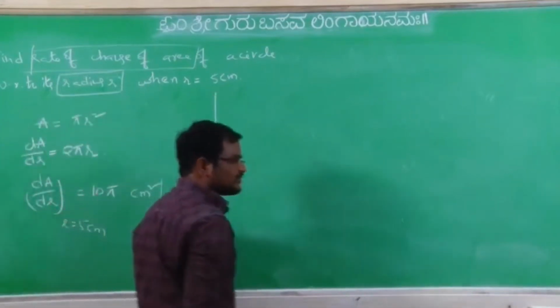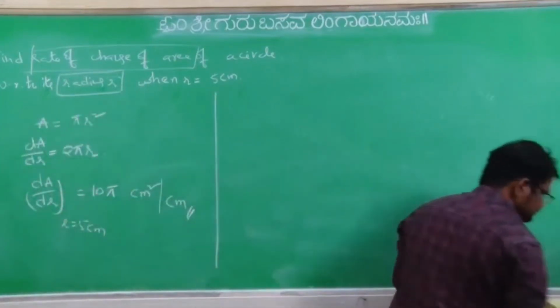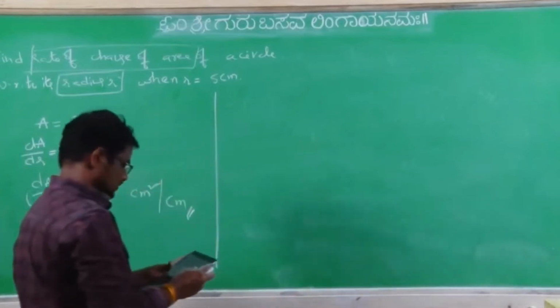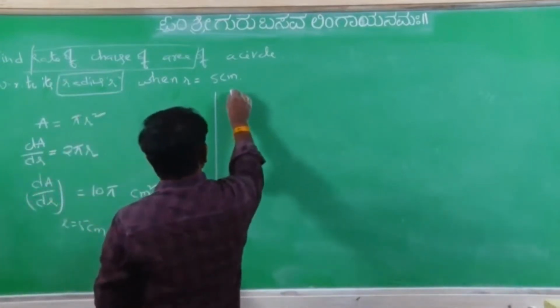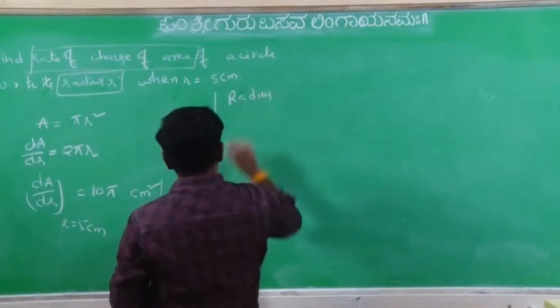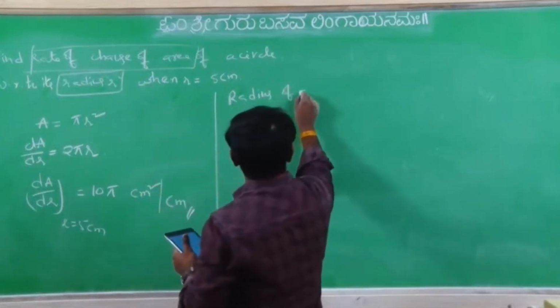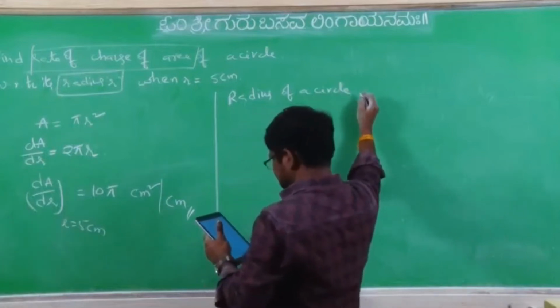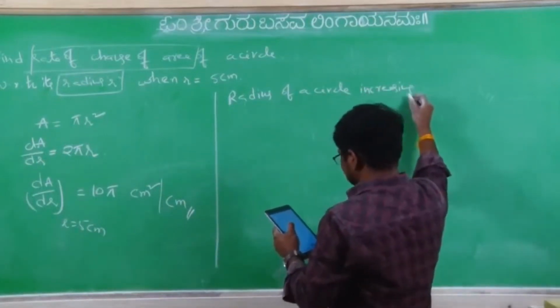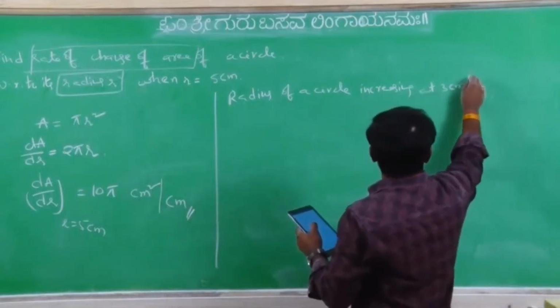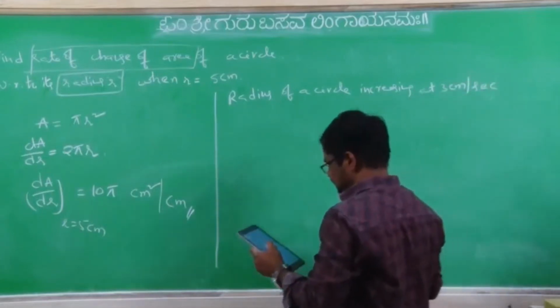Suppose the second problem. The radius of a circle is increasing at 3 centimeter per second. Read the question carefully.